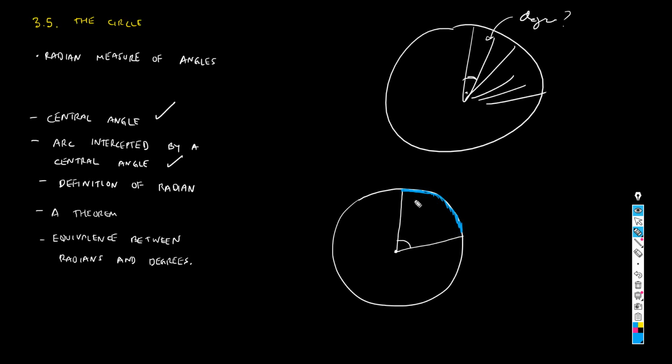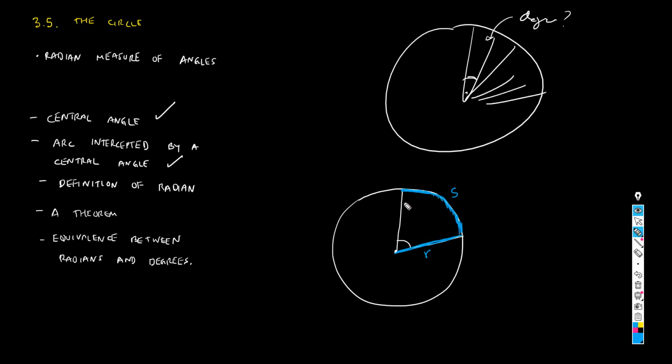central angle is equal to the radius of the circle, I'm gonna draw an R here to represent the length of this radius, and I'm gonna draw an S in here to represent the length of this arc.